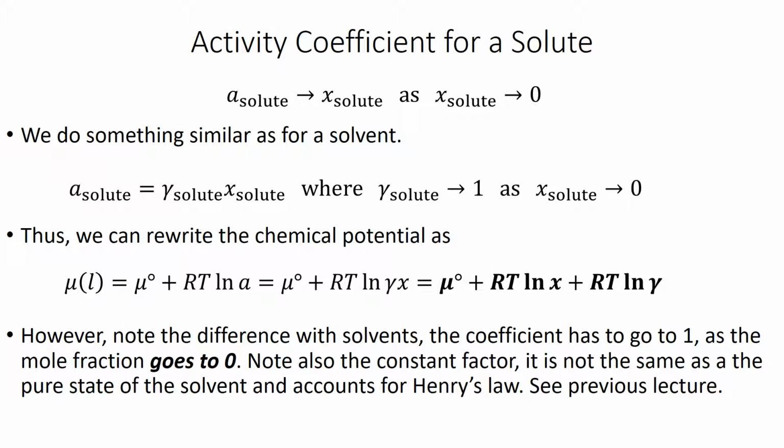Again, you can rewrite the chemical potential for your solute in exactly the same manner and split things up into the real and the ideal components. Just note that the standard chemical potential mu circle is not the same as for a pure state of the solvent because it accounts for Henry's law. So if you want to remind yourself about Henry's law, go and see the previous lecture.